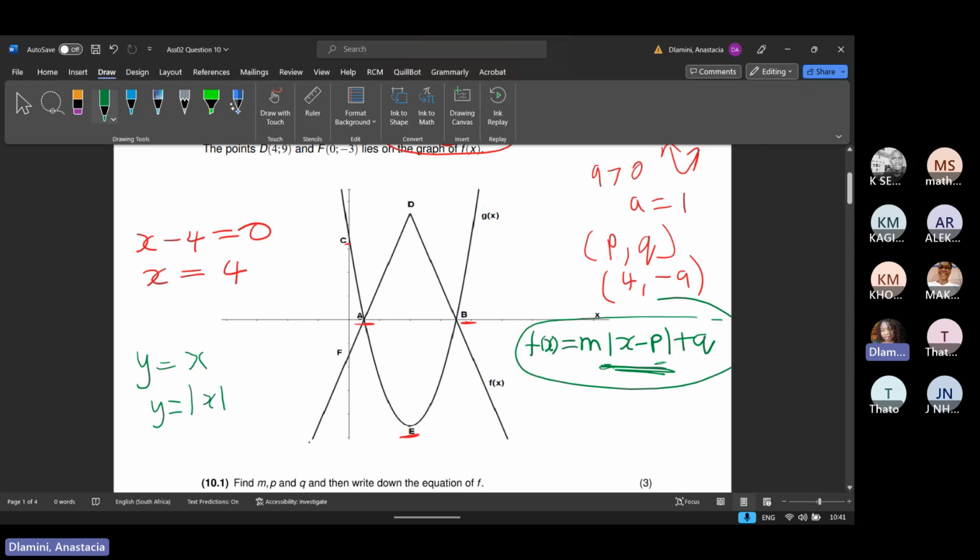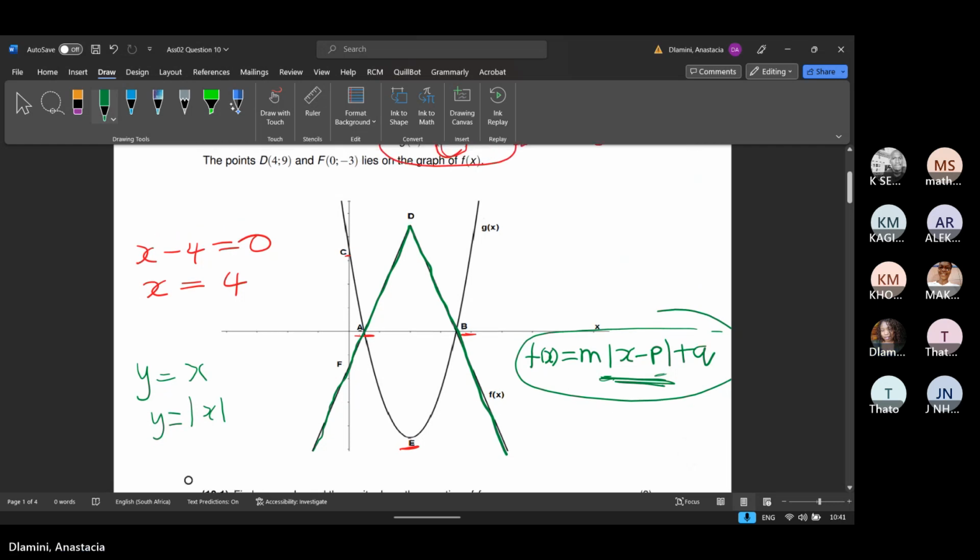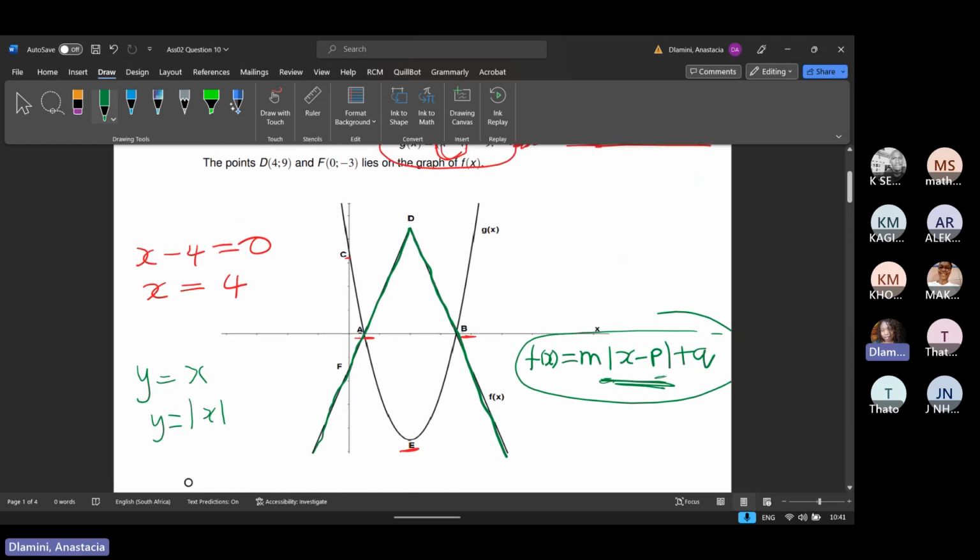So this is an absolute value function, the one facing downwards that I'm drawing over, and that is called the absolute value function. They ask us to find the value of P, the value of Q, and the value of M. Remember, this looks like the vertex form of a parabola, except that there's no square in it.